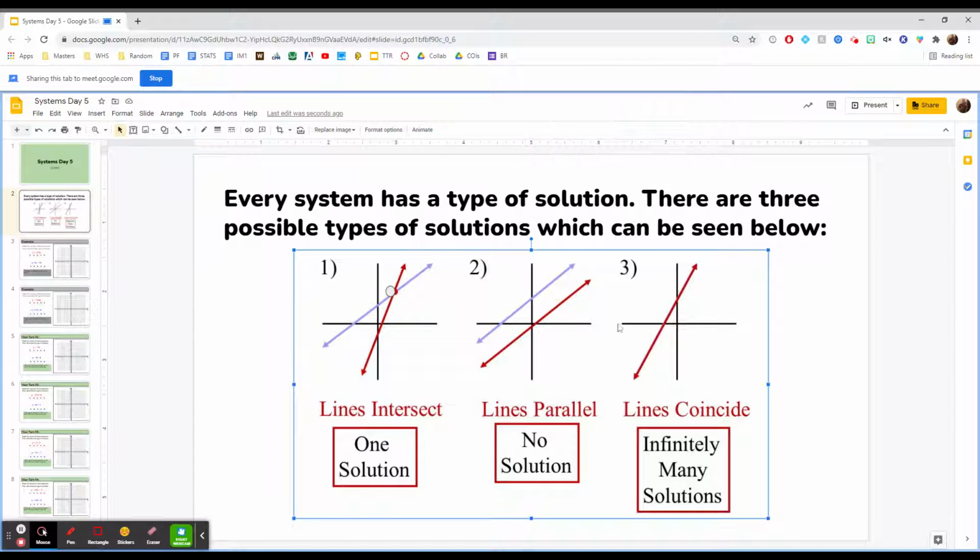Okay, now when they don't touch, when they just keep going and they seem like they're never gonna touch, that means that they are parallel and we have no solution. And the last type is when the lines are on top of each other, then that's when we have infinitely many solutions.